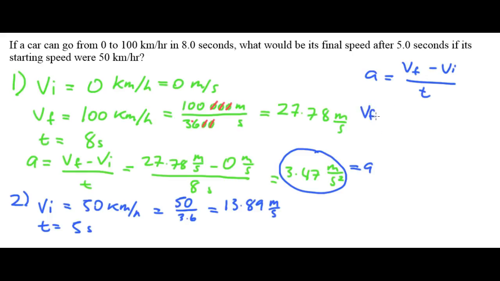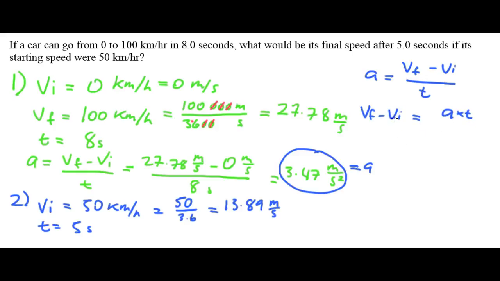I'm going to multiply both sides by time. If I multiply that by time, that's going to be eliminated. Then you get final velocity minus initial velocity is the same as the acceleration multiplied by time.